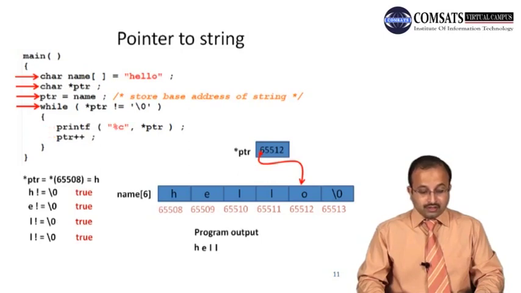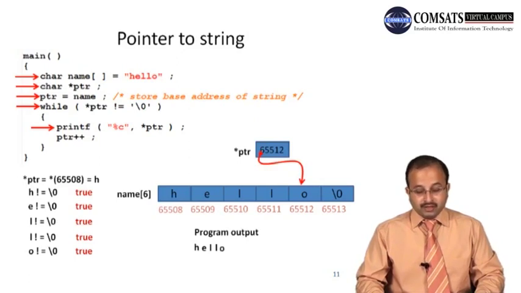Then we check the while loop condition. Static PTR is not equal to null, condition is true, because static PTR is 0, which is not equal to null. Now it comes inside the loop and prints. In the printf statement we are going to print the character at that static PTR, which is the value at address 65512, and that is 0.